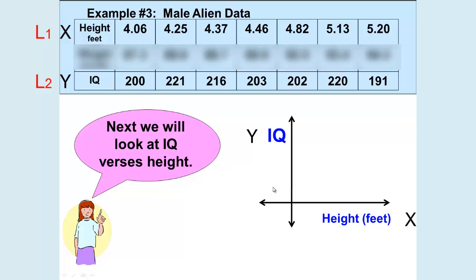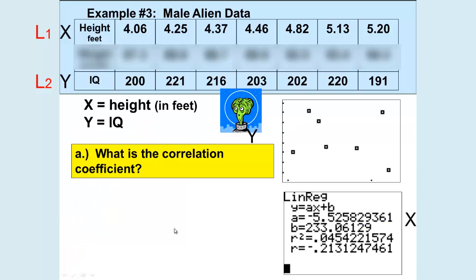You will need to pause and work that out if you want to do it yourself on the calculator. Here are the two screenshots of your scatter plot and your linear regression screen.